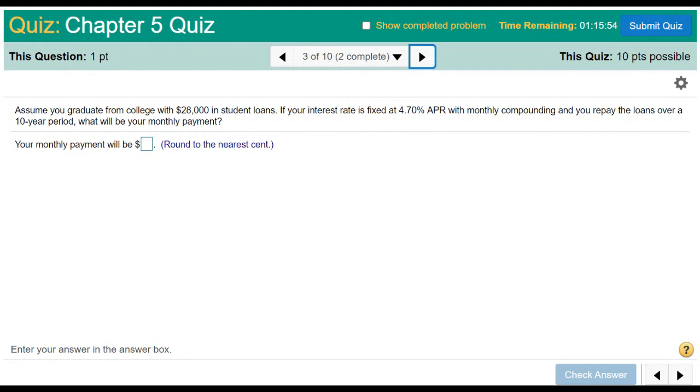It says assume you graduate with 28,000. If the interest rate is compounded monthly over 10 years, what's your monthly payment? So 28,000 is the present value, future value is 0, and then we compute for payment.